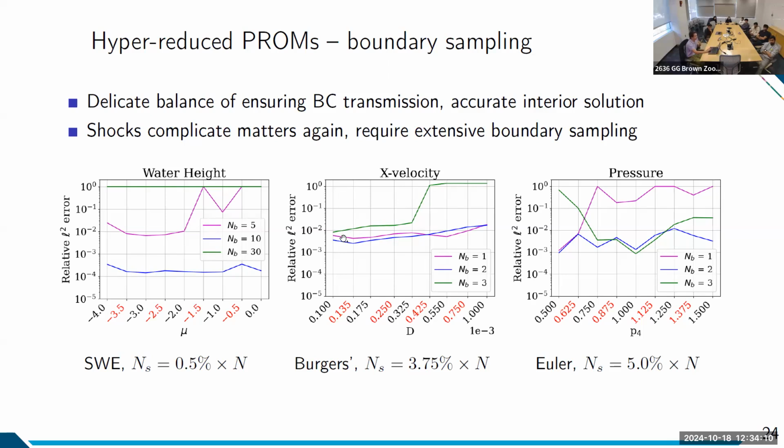For Burgers' equation or the Euler equations, you'll generally have to sample that boundary much more frequently, on the order of every other cell, which is just a natural complication of having shocks in your system. But in general, you can find a stable, accurate, robust decomposition for these solutions.